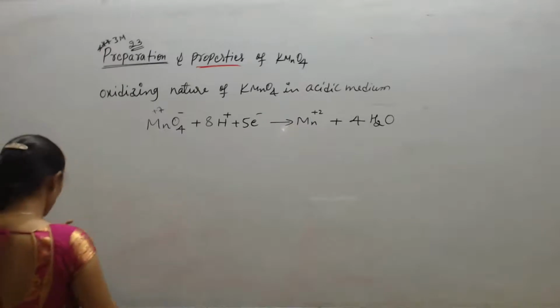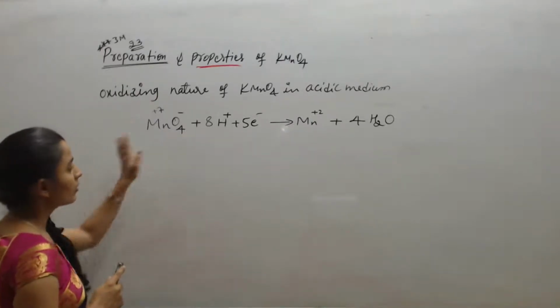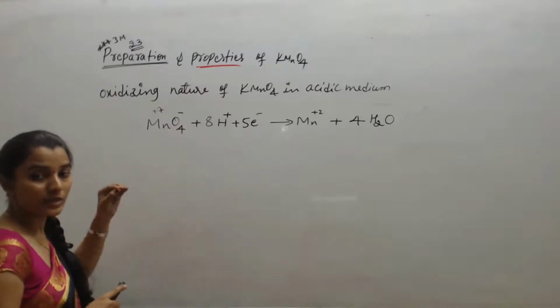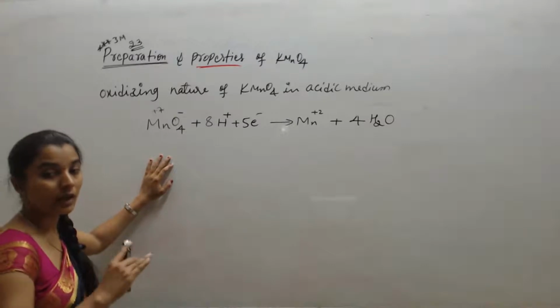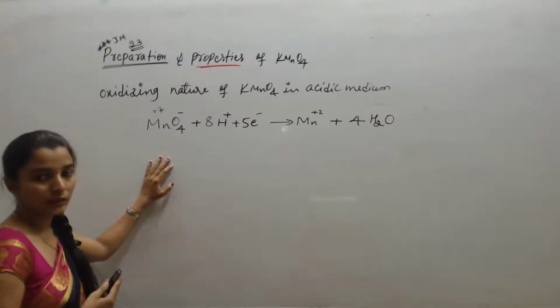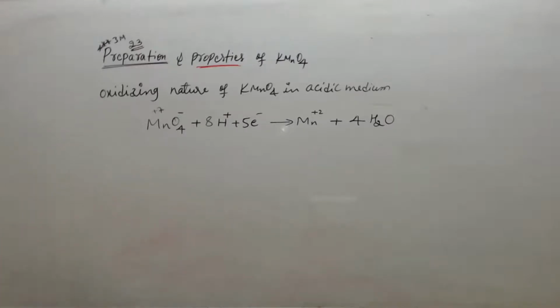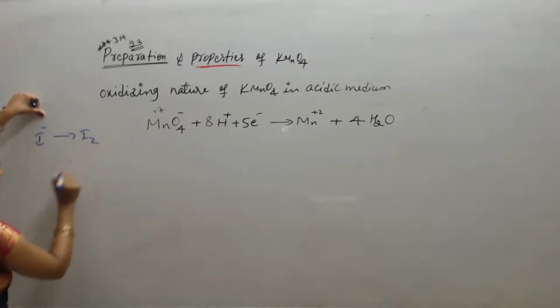So here what happens? Gain of electrons means reduction. The species which undergoes reduction causes oxidation of other elements by making them lose electrons. In the last class I said, like potassium dichromate, it also changes I- to I2.